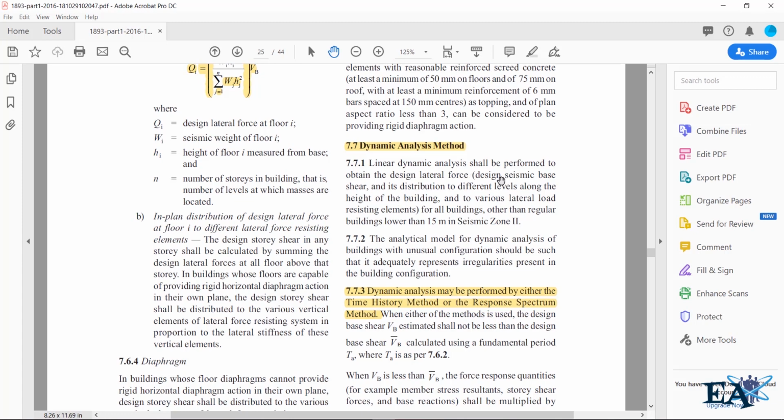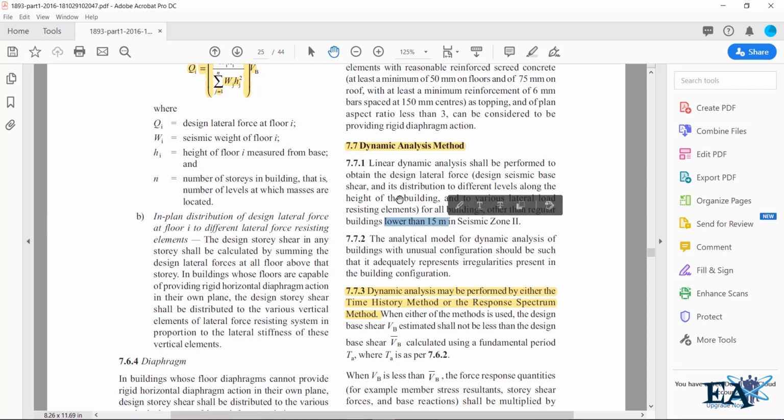So you have to calculate the design base shear that we just talked about, and after that you have to distribute it to the different floor levels along the height of the building and to various lateral load resisting elements for all buildings other than regular buildings. So we have to do this dynamic analysis for all the buildings, and it is not necessary in the buildings other than regular buildings that are lower than 15 meter in the seismic zone 2.